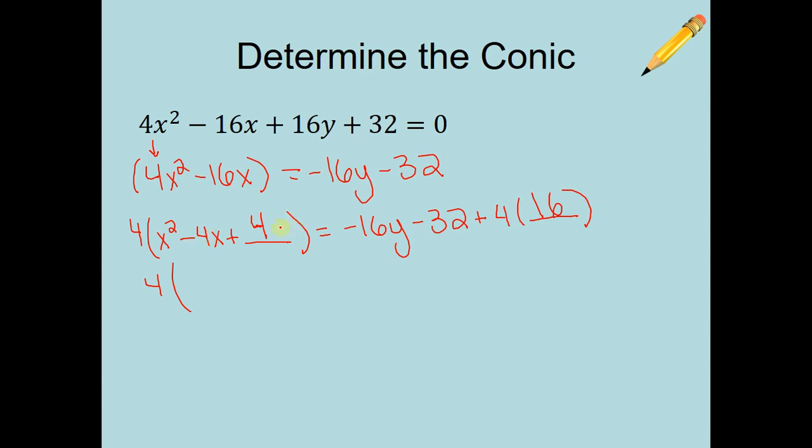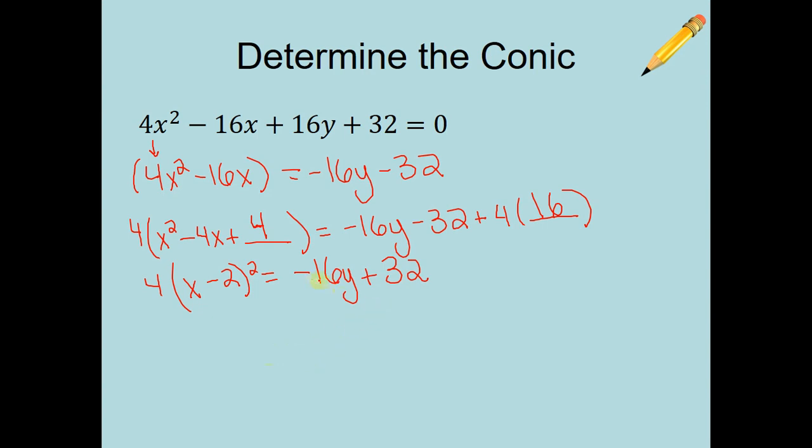I'm looking for two numbers that multiply to give you 4, but add together to give you negative 4. That'd be x minus 2 quantity squared. 4 times 16 is 64. Subtract the 32. So I get negative 16y plus 32 over there.